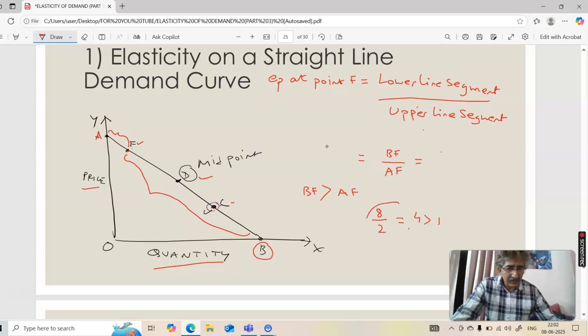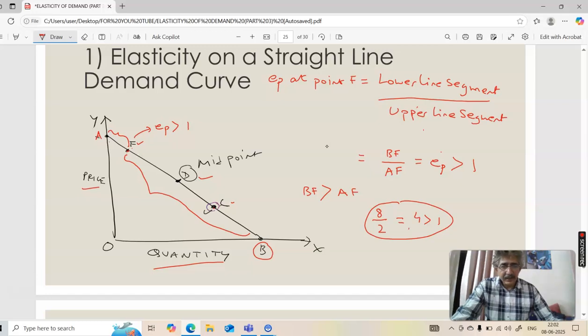So this is just an example, not an accurate measure. So what do we conclude? That in this case, whatever EP we get at this point will be greater than 1. So at point F, the EP will be greater than 1.